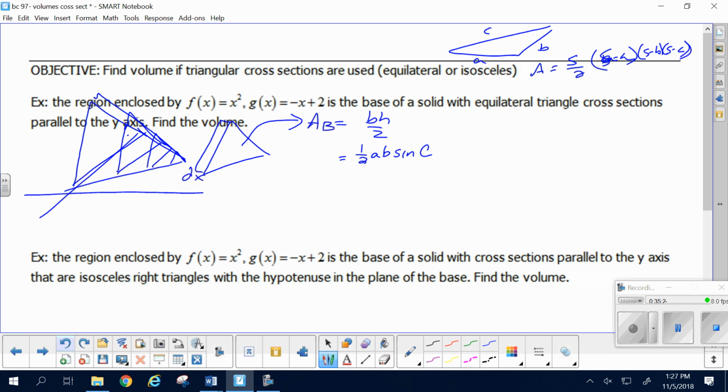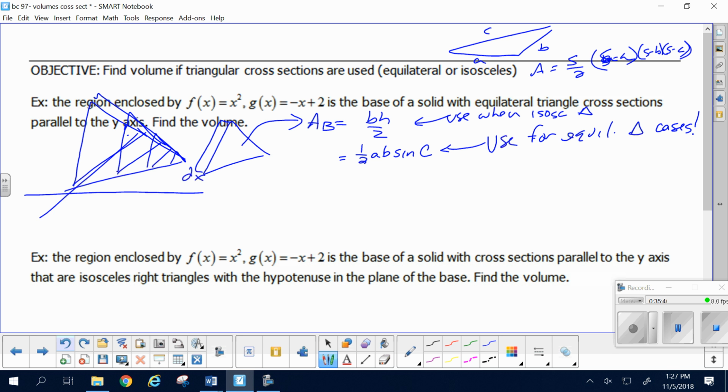All right, now this, you use when you have isosceles triangles. This, I beg you, please use for equilateral triangle cases, like we have here. It's so much easier, and you'll see why.